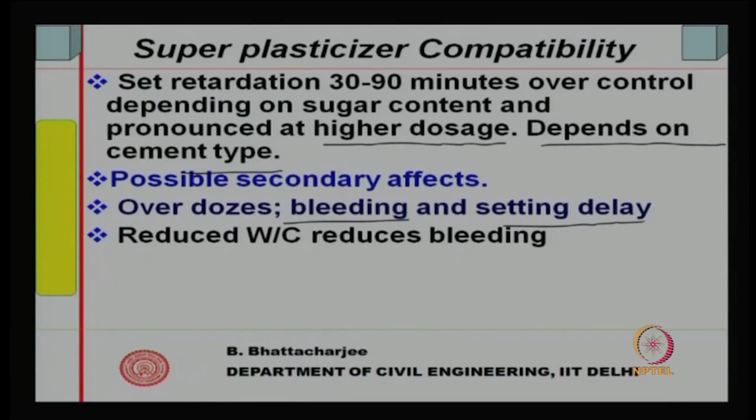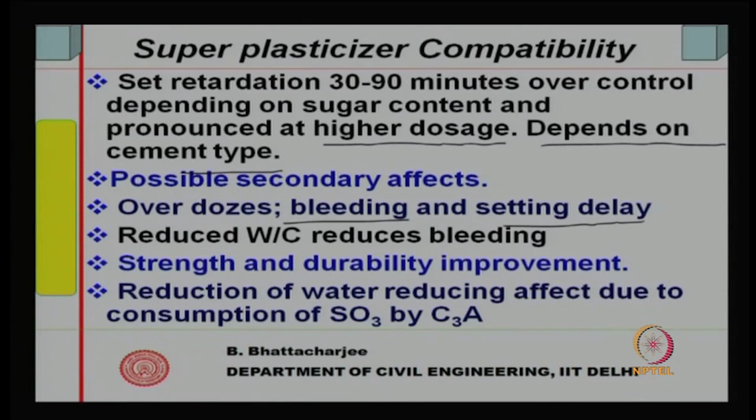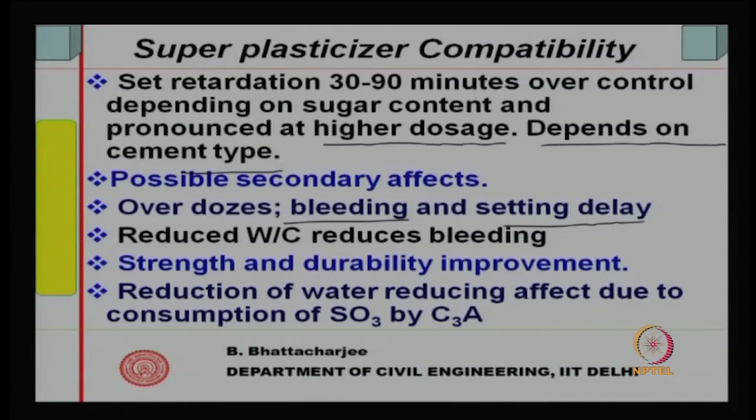Lower water cement ratio means bleeding will be reduced, and you will get strength improvement as well. So, that is right, and there can be a reduction of water reducing effect due to consumption of SO3 by C3A. For example, sulfonated superplasticizer or plasticizer, sulfonated compounds, might react with high C3A cement, and the water reducing effect may be reduced.